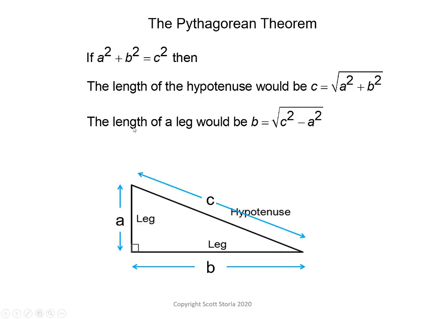And then the other will find the length of a leg, and that's when we're looking for either A or B. And again, it doesn't matter who's the A and who's the B. So you can always find the length of a leg using this form. This will just be the length of the other leg, the one you're not looking for. It'll have to be given to you.